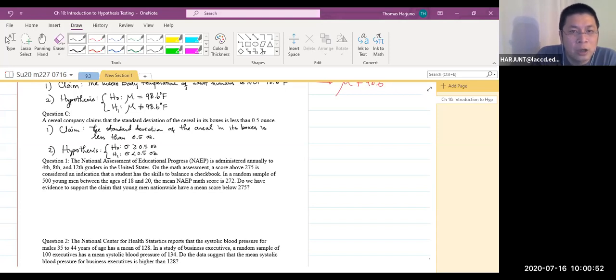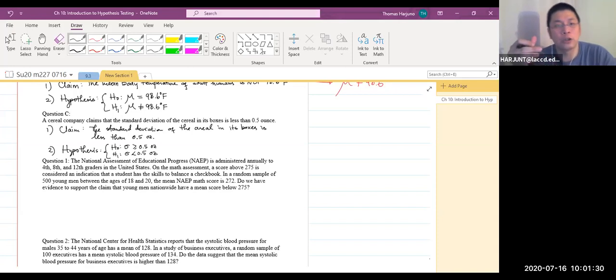Now, in a random sample of 500 young men between ages 18 and 20, that's supposed to be for 8th, 4th, and 12th graders though, but then they randomly select 500 young men of much older ages. They found that the mean NAEP math score is 272. Now, do we have evidence to support the claim that young men nationwide have a mean score below 275?